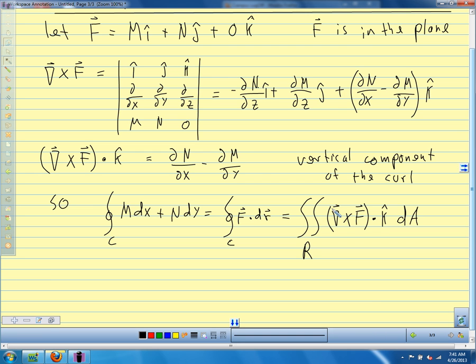What we're going to do is talk about this in 3 dimensions. This is Stokes' theorem. We'll give an interpretation of the curl once we get to this in 3 dimensions.